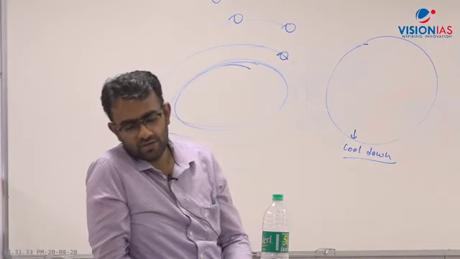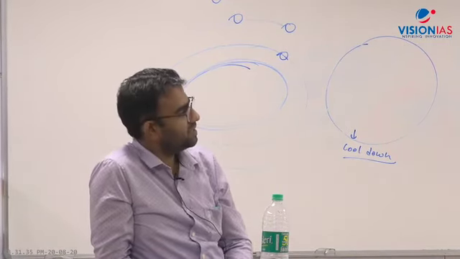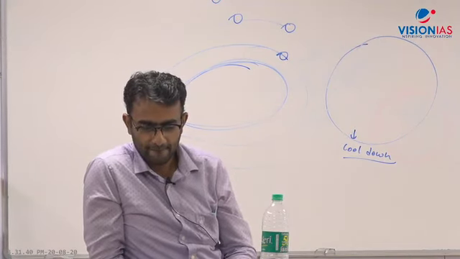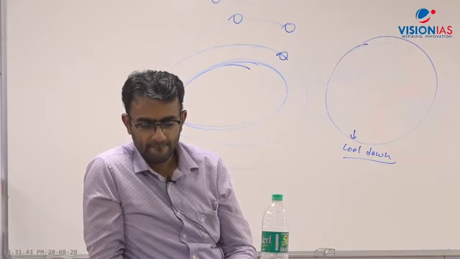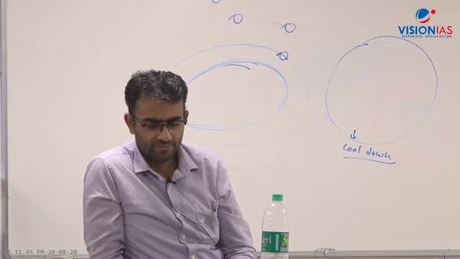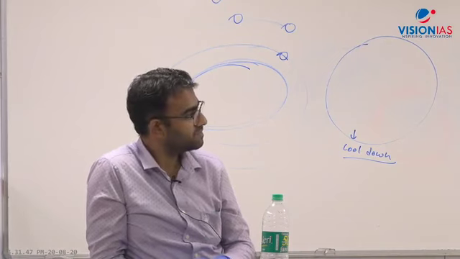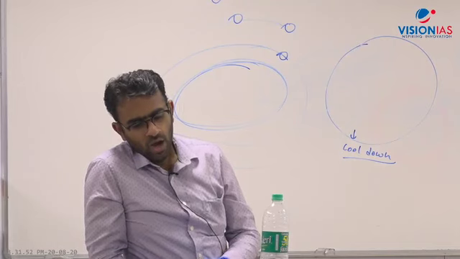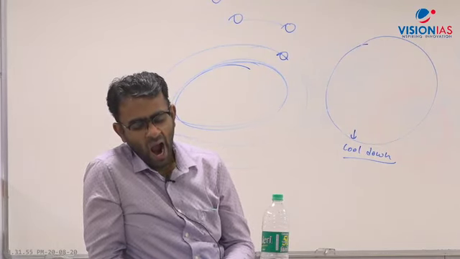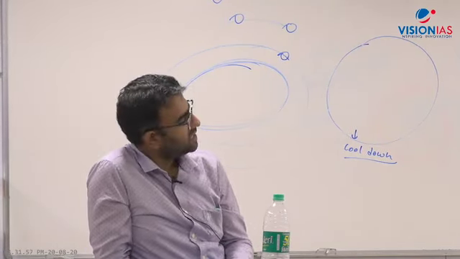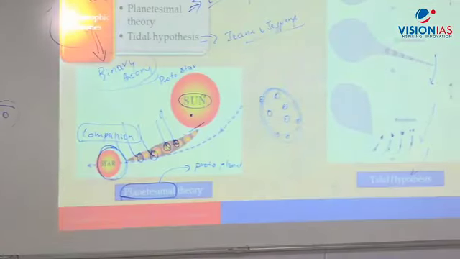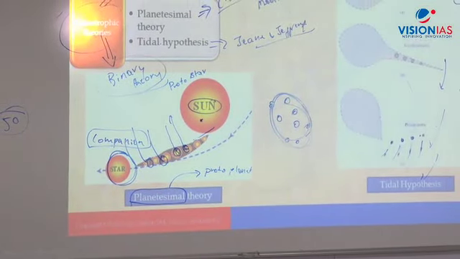Second, catastrophic theory or binary theory. In that the first one, planetesimal hypothesis, by Chamberlin and Moulton, M-O-U-L-T-O-N.